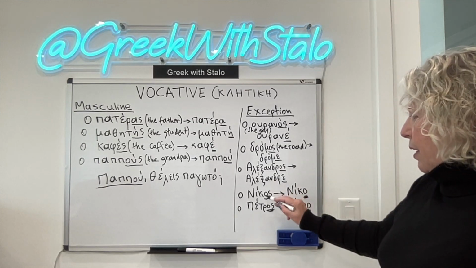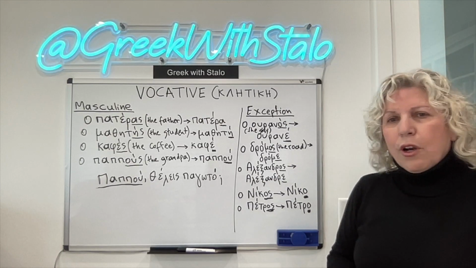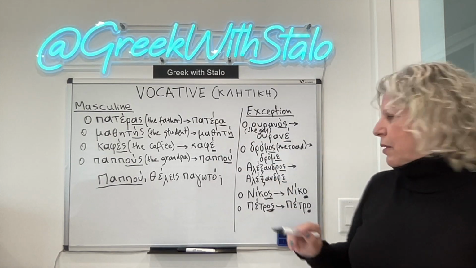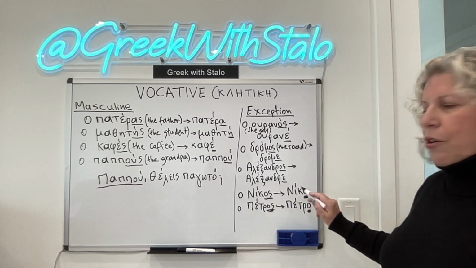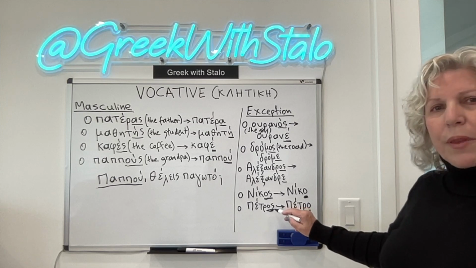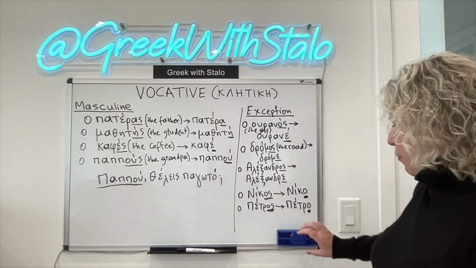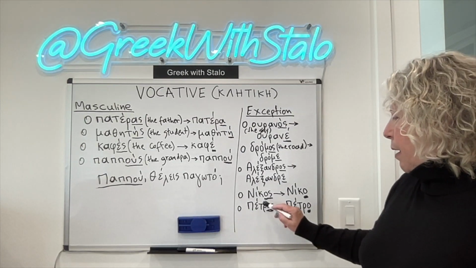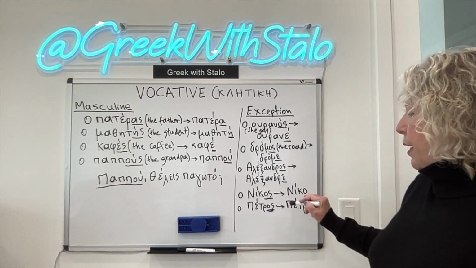So basically, these proper nouns follow the general rule of dropping the sigma. Νίκος, we drop the sigma, becomes Νίκο. Πέτρος, we drop the sigma, it becomes Πέτρο. There are also a few other nouns that follow this rule here.